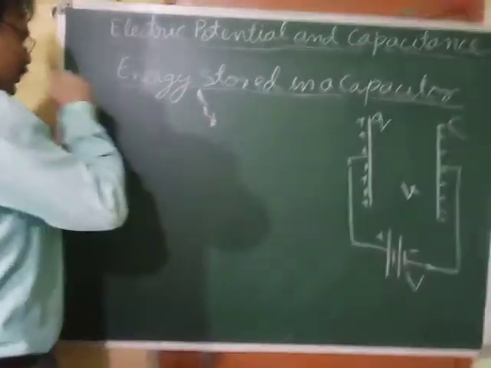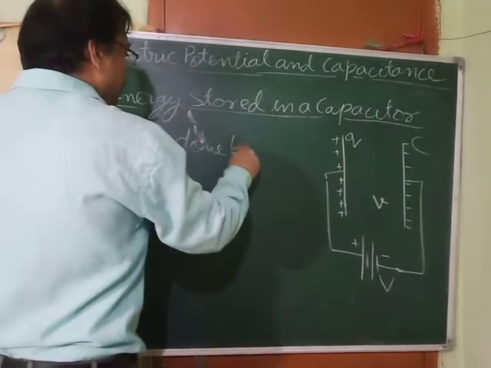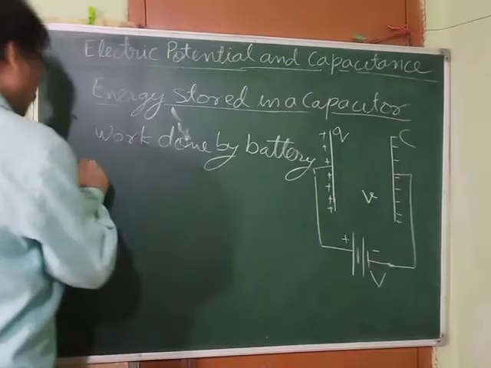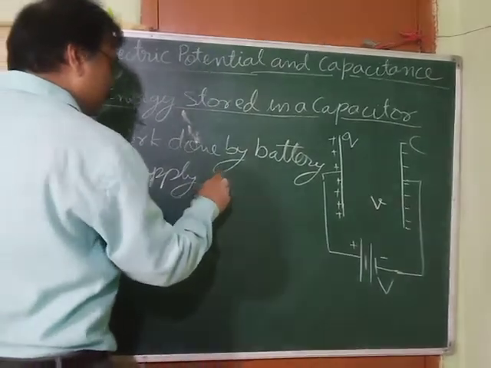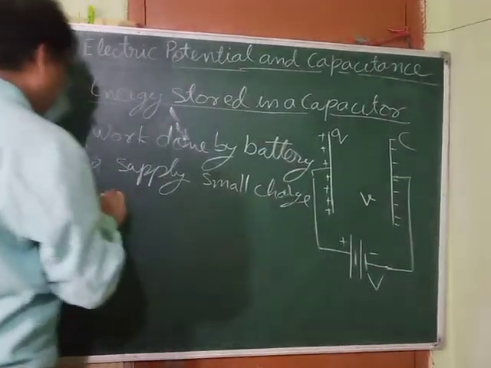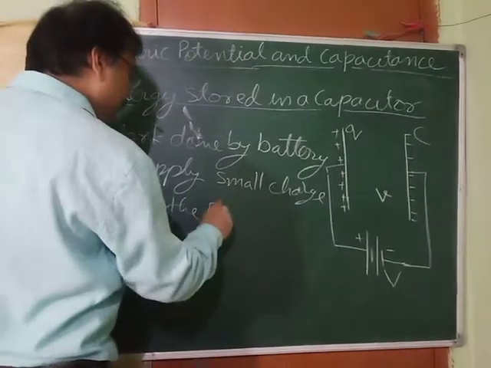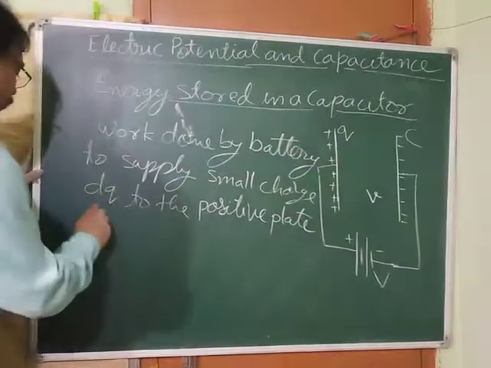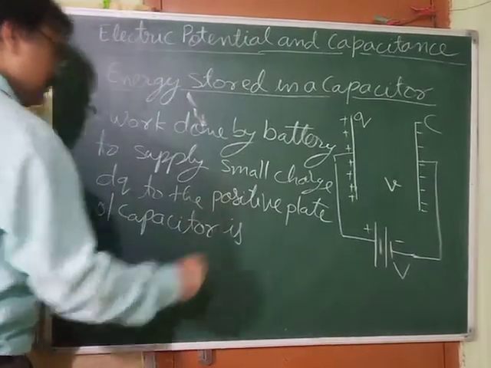So the work done by the battery to supply a small charge dq to the positive plate of the capacitor is how much?